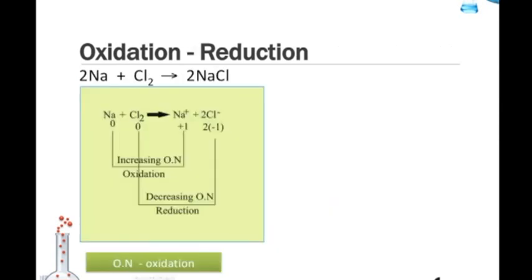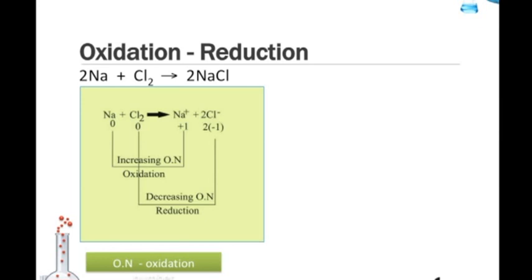One example is sodium chloride. If you have 2 sodium and chlorine, and they react together to form the salt, sodium before the reaction has an oxidation number of 0, and after the reaction has an oxidation number of +1.